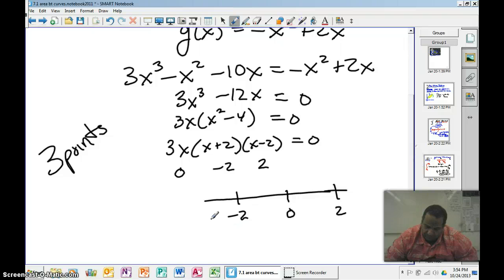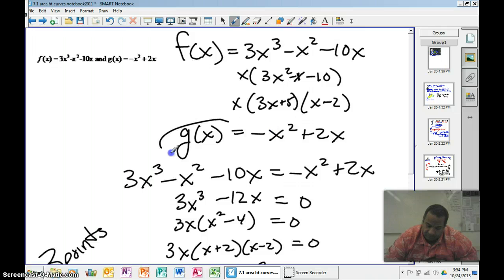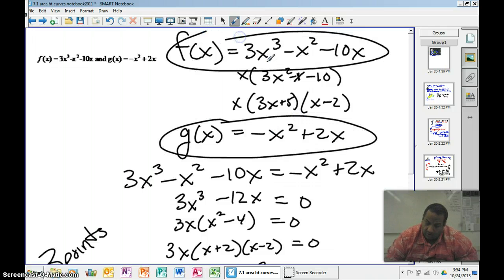We got to look here and here actually. So when I plug 1 into both of these, let's see what I get. 3 minus 1 is 2, 2 minus 10, I get -8. Here I get -1 plus 2 or 1.